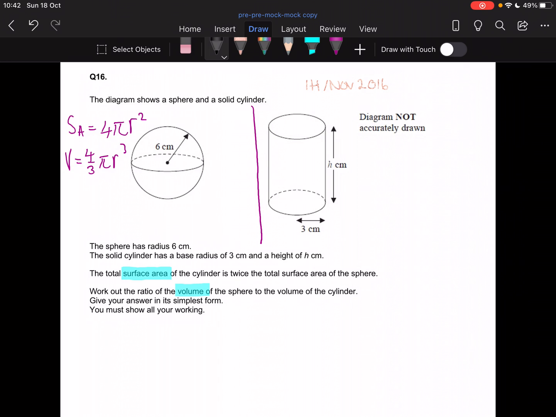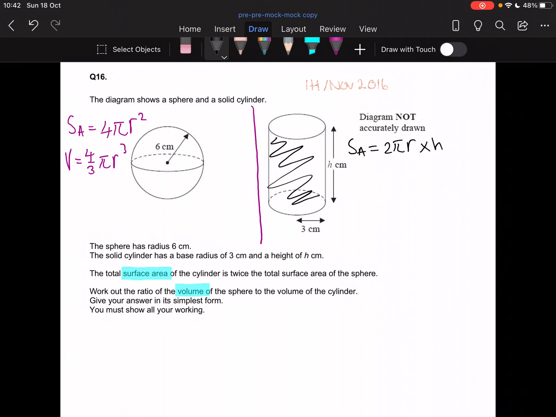For my cylinder, it's easier to think about how you get these formulas. For surface area, I need the area of this curved bit here, which goes all around the shape, and that would be the circumference of your circle multiplied by the vertical height. So the circumference is 2 pi r multiplied by the height of the cylinder, which is h.